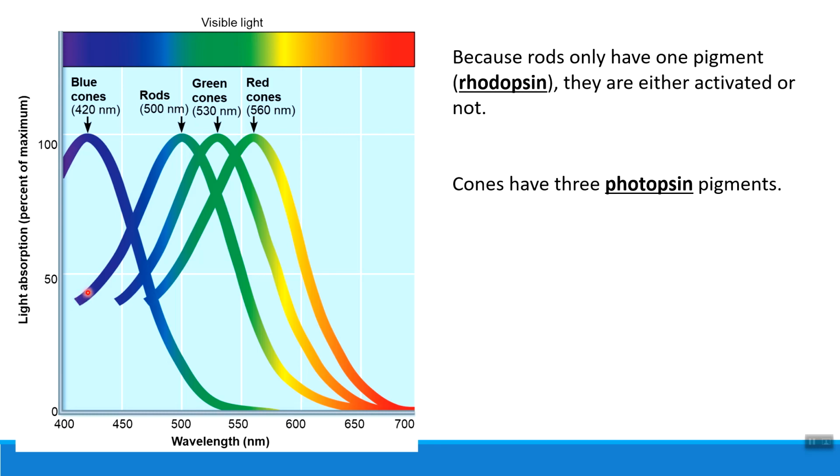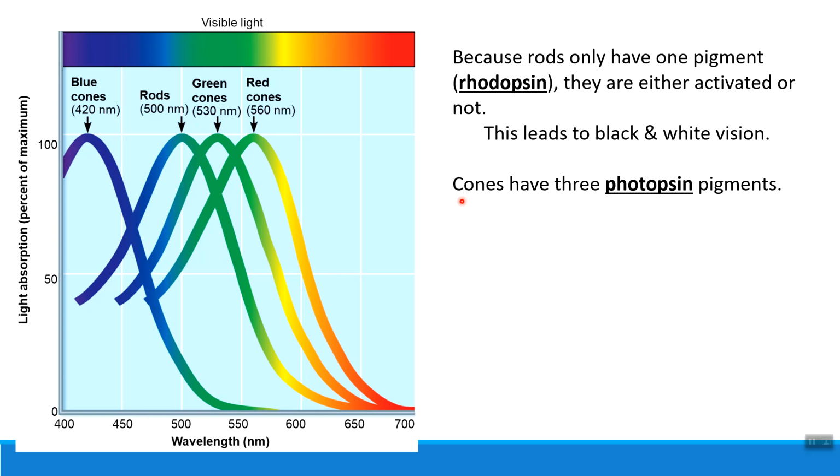So starting in blue or in purple, ranging up into blue, some green, a little bit down in the yellow, orange, red area, but not very much. Because there's only one protein, one kind of rhodopsin, either we've activated it or we have not activated it. That tells me, do I see something or do I not see something?